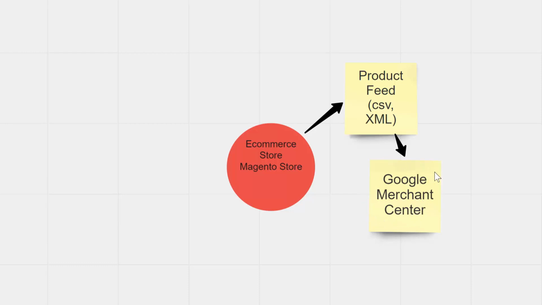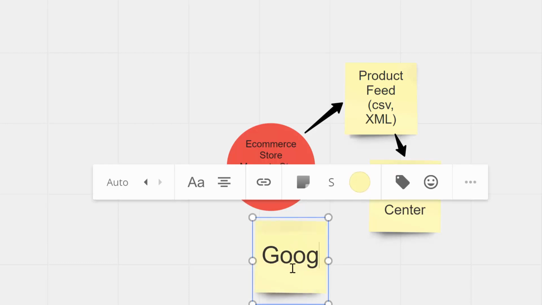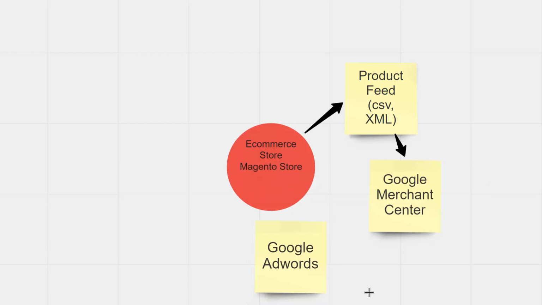So you have to verify that feed and verify that you own the website that you want to promote the products on. But once it's gone into the Google Merchant Center, you then link the Google Merchant Center to Google AdWords. So Google AdWords takes the information from the Google Merchant Center and promotes those in Google Shopping.